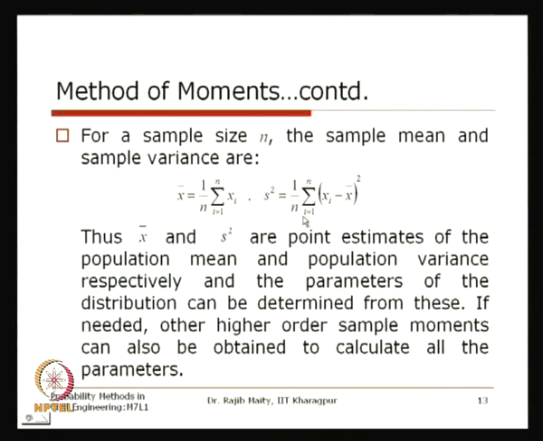And this minus 1 that we are talking about is basically the degrees of freedom. So 1 degree of freedom is lost here, which is why we need n minus 1. It is lost because we are using this mean which is also estimated from the sample itself.